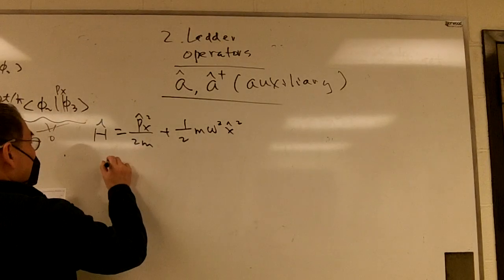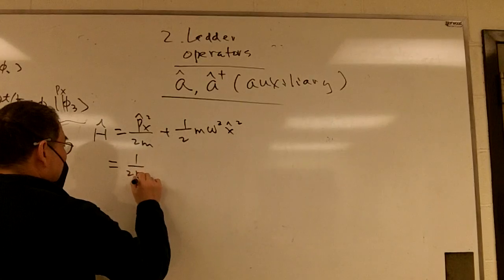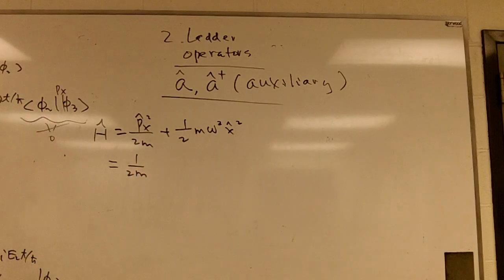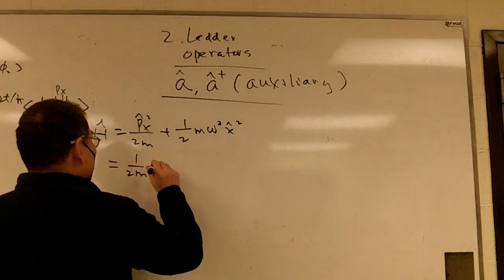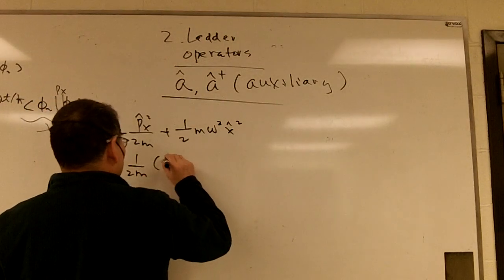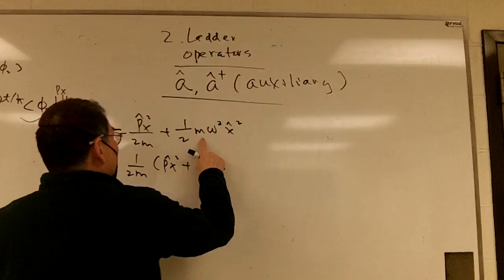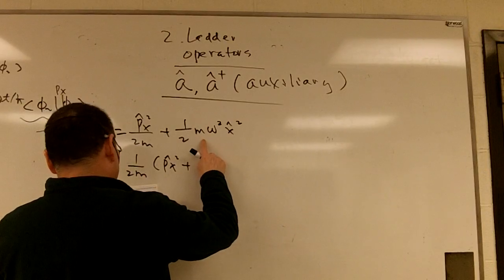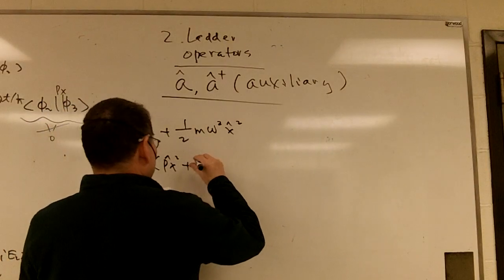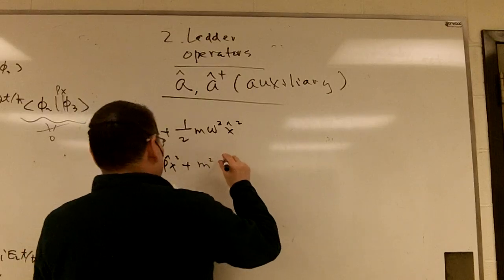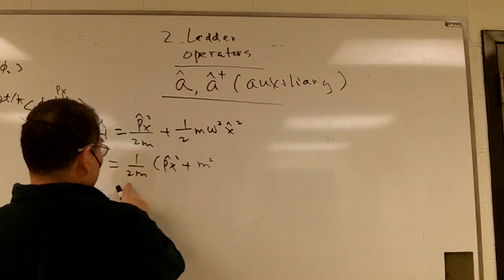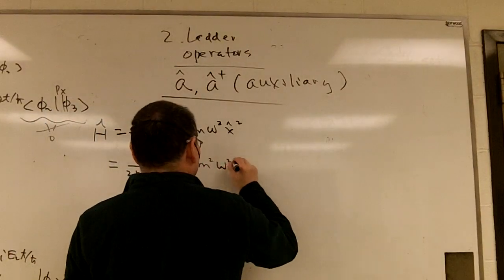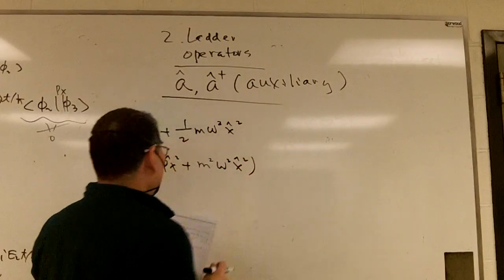So what we do is pull 2m out of each of these terms. Then you will see immediately px squared plus, with 2m out, but now you have another m in the front, and the 1/2 is in the front, omega squared x squared, like this.